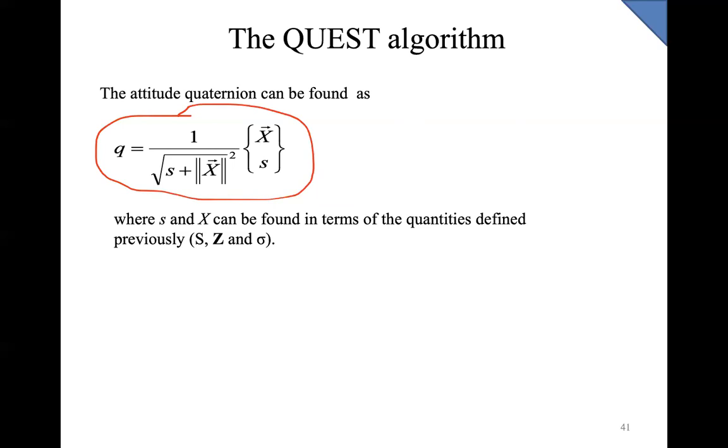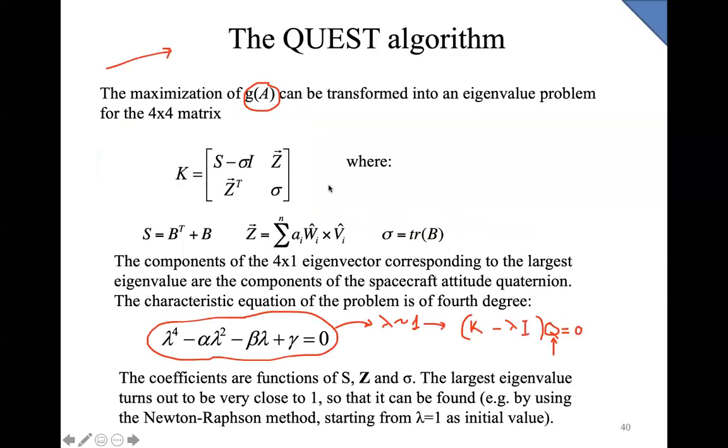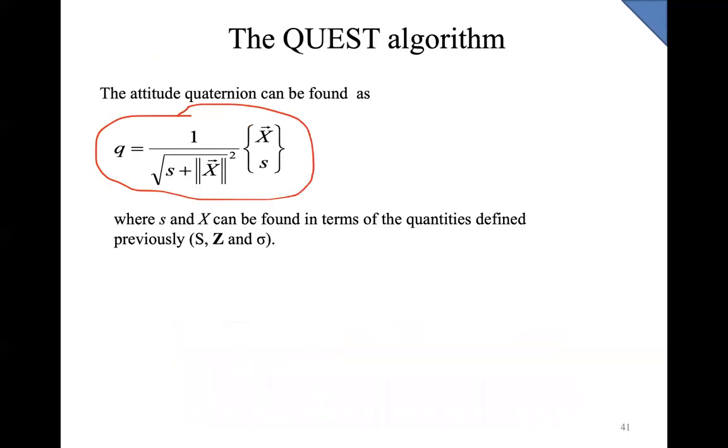When you have to deal with a realistic problem of attitude determination, you have to be careful that lambda will not be equal to 1, because there are different error sources in the measurement, so in your unit vector W, but also in the vector V, as we're going to see for the star trackers, because the knowledge of the celestial body in the inertial reference frame is also affected by error. So hopefully this explains what I meant here.